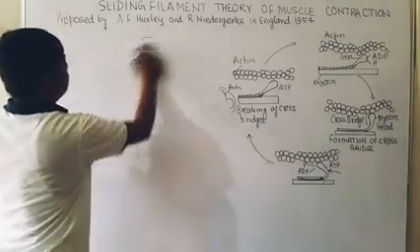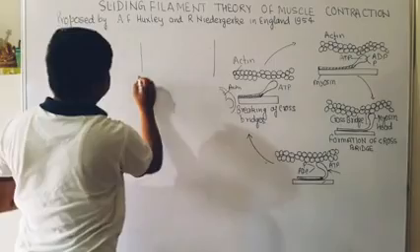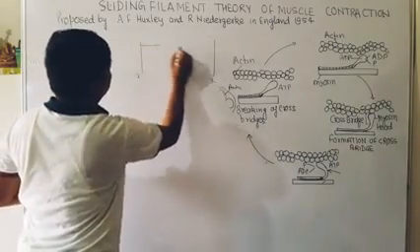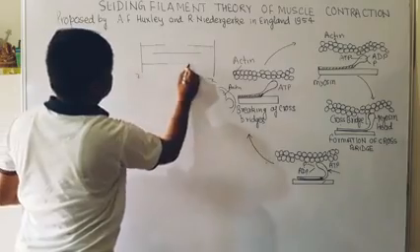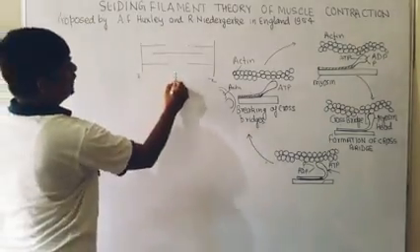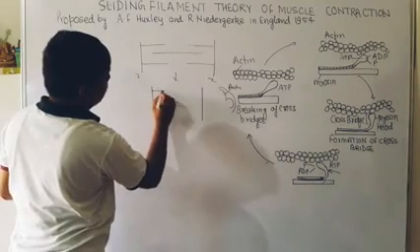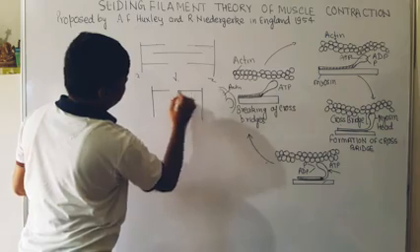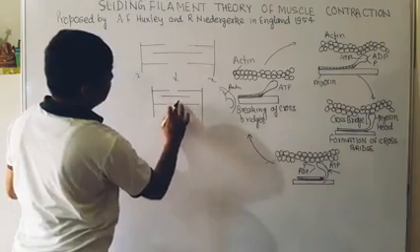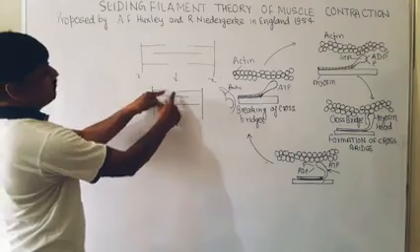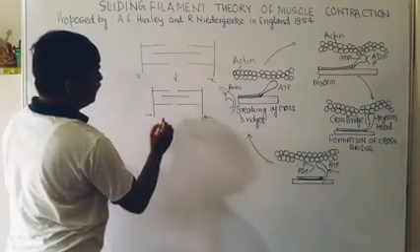You can easily see initially these two are the Z line. This was the initial stage. Now in the next step, what happens? You can see here the distance becomes very less and these two Z lines come closer, and ultimately what happens?